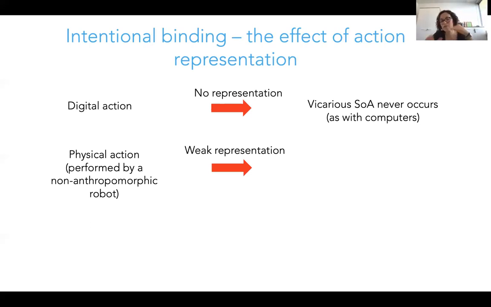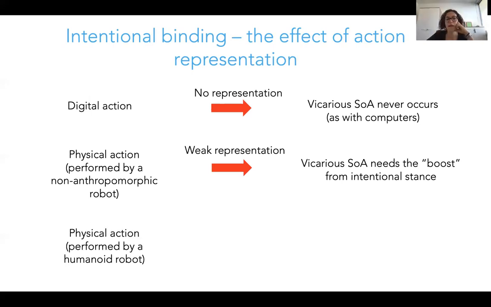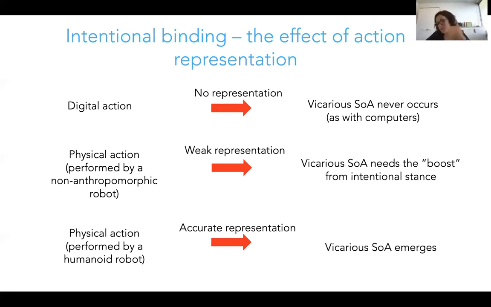So that's why you have a little bit of a mixed effect, and you need this boost from the intentionality attribution to see the effect. And then when you see a physical action performed by a humanoid robot, then you have a very good, accurate representation at the sensory motor level, and therefore you see vicarious sense of agency emerging. So that's the aspect related to sensory motor representation of an embodied robot.